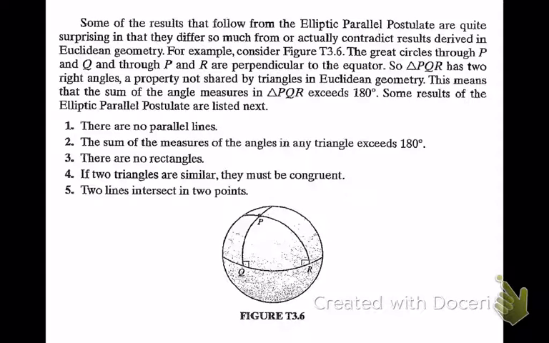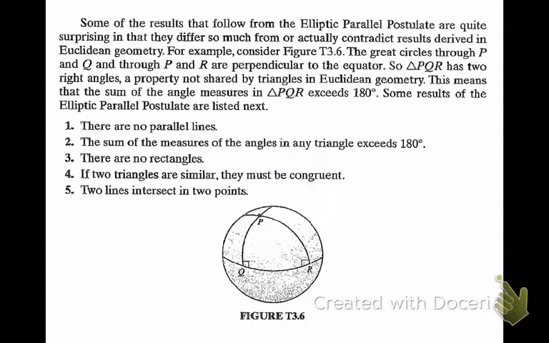Some of the results that follow from the elliptic parallel postulate are quite surprising, and they differ so much from, or actually contradict, results derived in Euclidean geometry. For example, consider the figure T36.